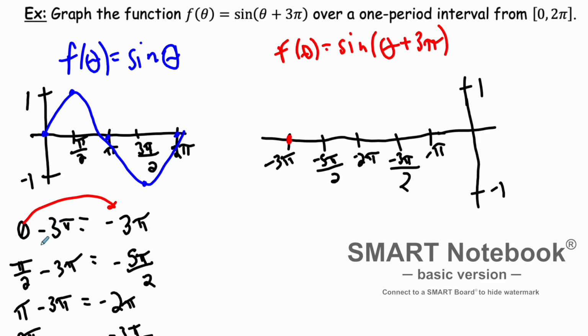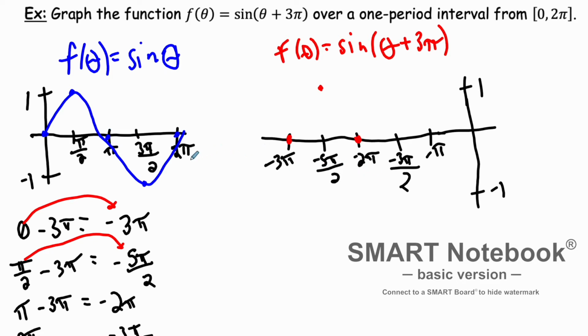Up next, pi over 2 was shifted over to -5 pi over 2, so that's going to be -5 pi over 2, 1. I'm sorry, pi was moved over to -2 pi, so that's at 0, right? We had pi, 0 right here. That got moved over to -2 pi, 0.